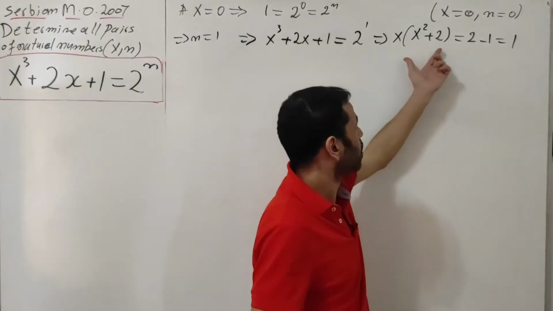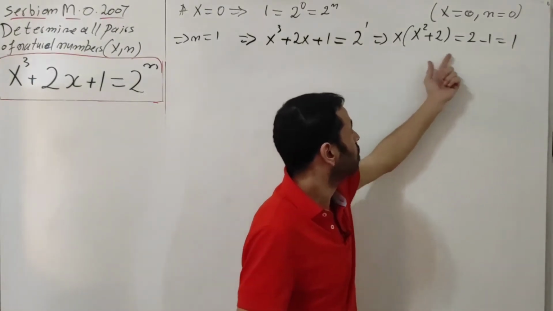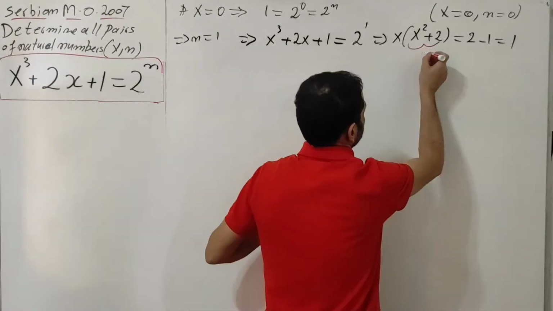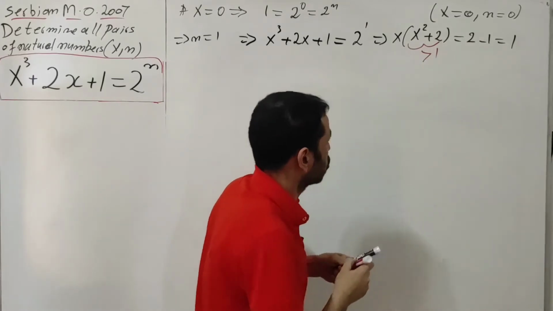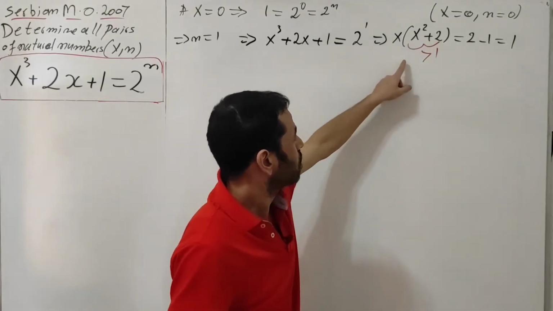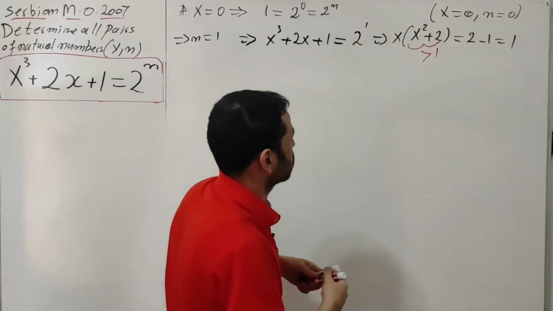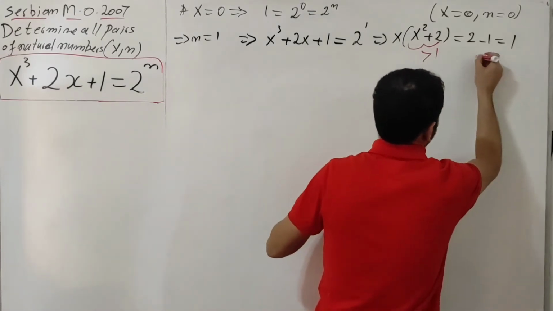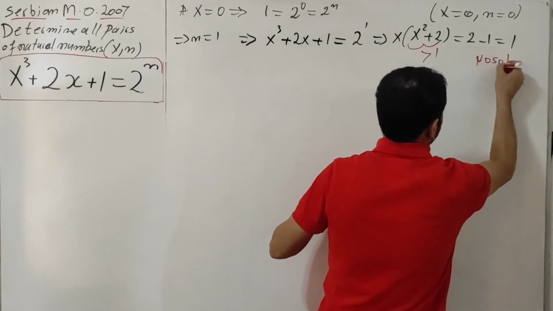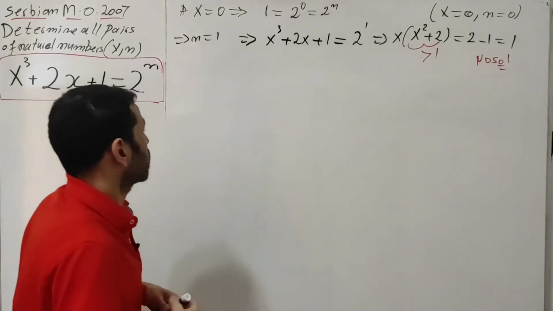Okay, since the product of these two terms equals 1, this is impossible because this is bigger than 1. Okay, this is strictly superior to 1. It's impossible to have the product of this one equal to 1. Okay, that means there is no solution. No solution.